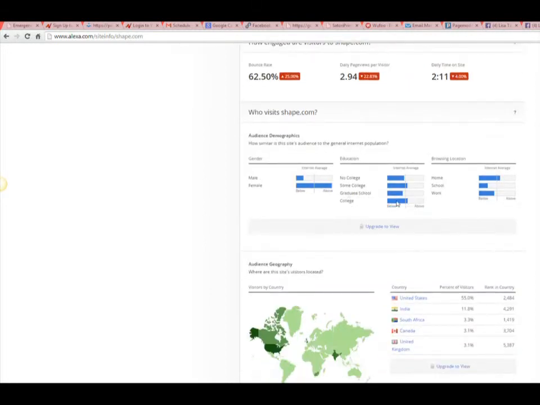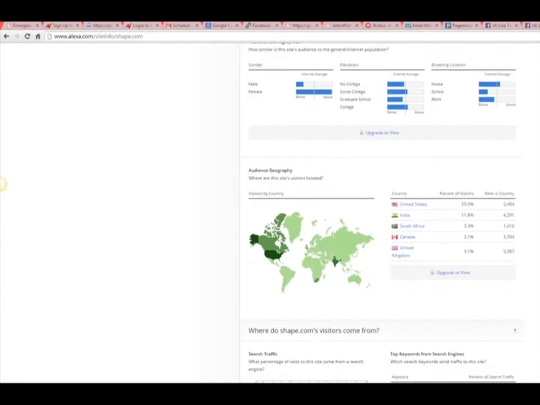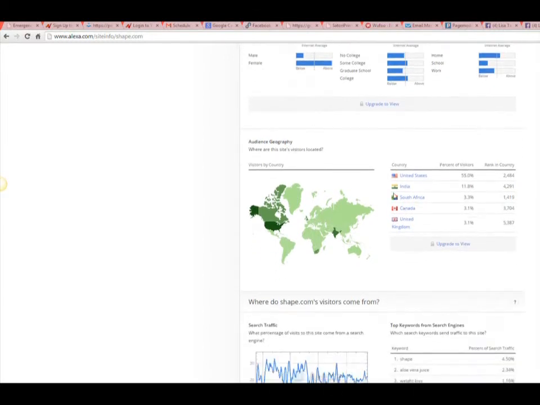Again, it has the same demographic information as Quantcast, but I think Quantcast goes a little deeper. And then there's geographic information: 55% of people are visiting this site from the United States, India 11%, South Africa 3.3%, and the United Kingdom, also a top tier country like the United States, is down at 3%.